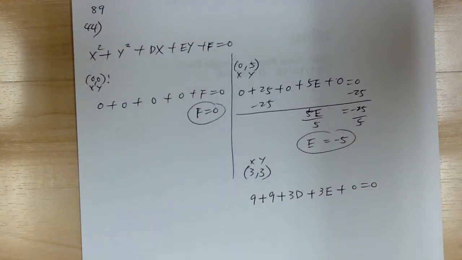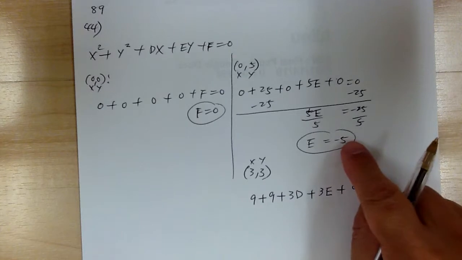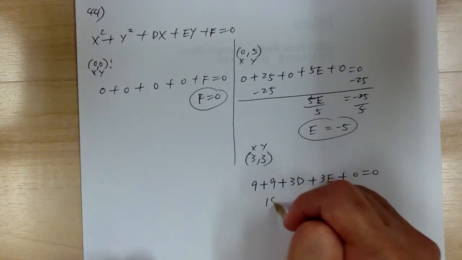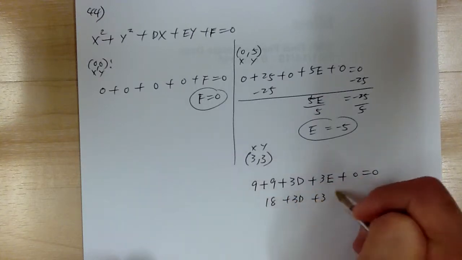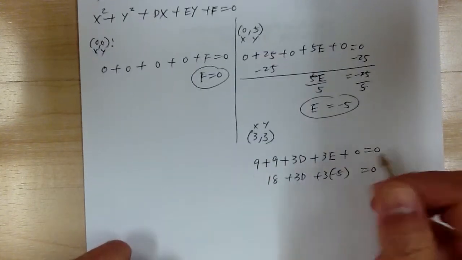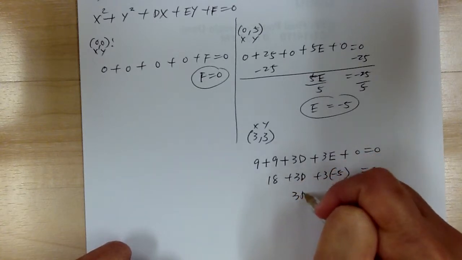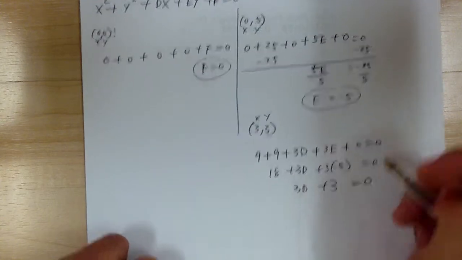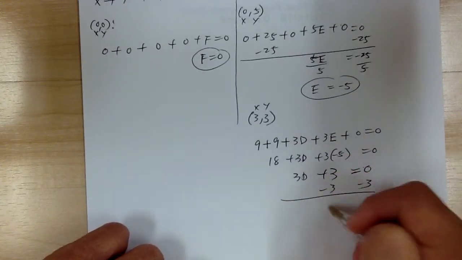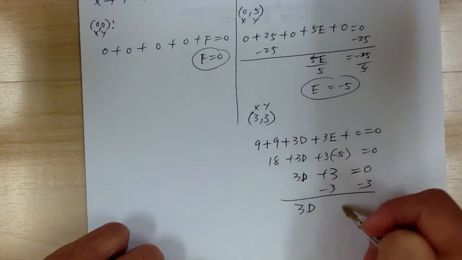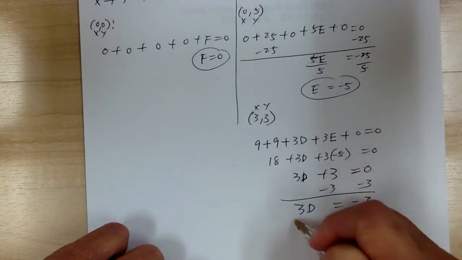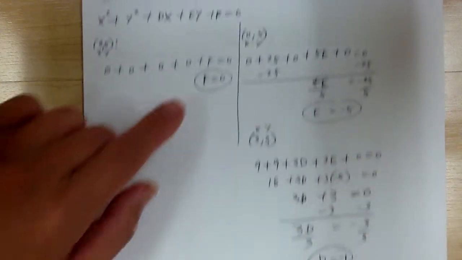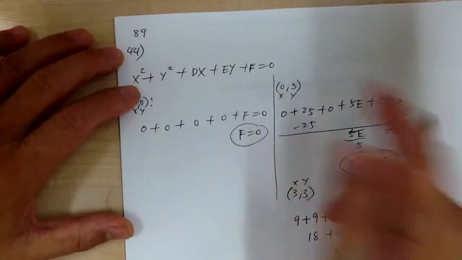Now we can substitute, because we know e from here is negative 5. So 18 plus 3d plus 3 times negative 5 equal to 0. So 3d, so this is negative 15 plus 18 would be plus 3. Okay, so minus 3, minus 3. So 3d equal to negative 3. So divide by 3, divide by 3. So d equal to negative 1. So once you find d, e, f, you go back over here and write your equation.